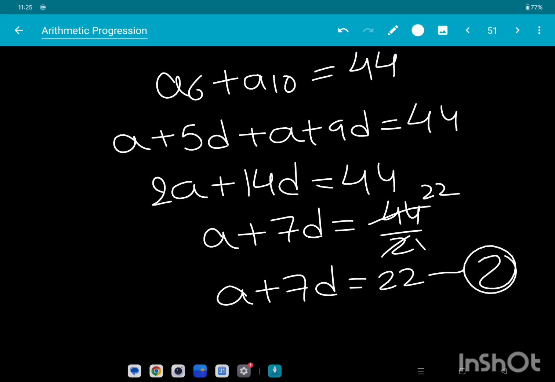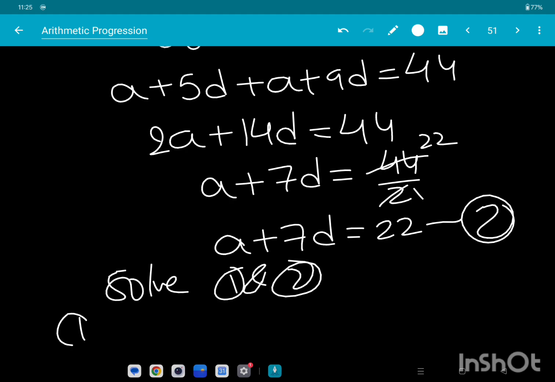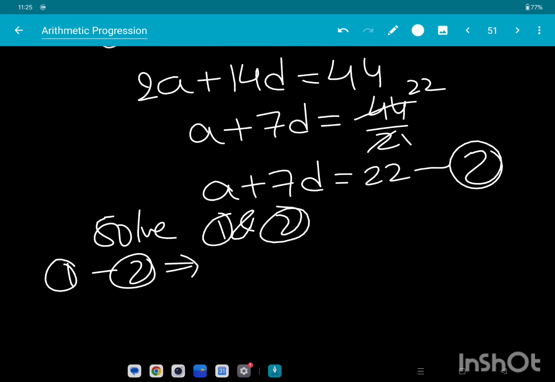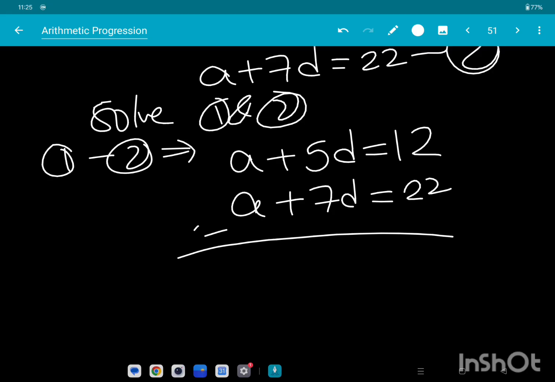If I solve equations 1 and 2, then I will get the A and D values. That means equation 1 minus equation 2. Equation 1 is A plus 5D is equal to 12, and here A plus 7D is equal to 22. If I subtract, the A terms cancel.